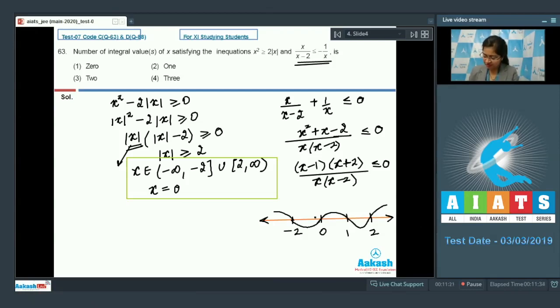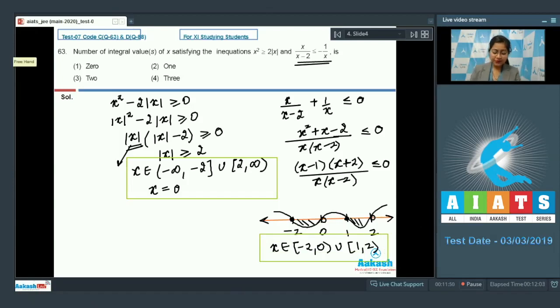Now here it can be checked that it is closed at x equal to 1 and x equal to minus 2 and open at 0 and 2 because they are lying in the denominator. Now we can see that the function will be negative here and here. So we can say that x will belong from minus 2 to 0 open union 1 to 2. So this is the solution that we get from the second inequation.